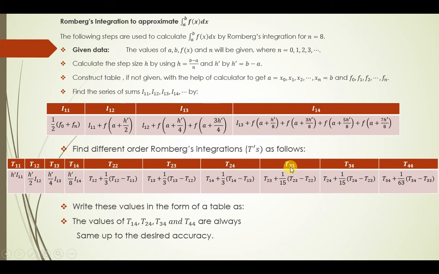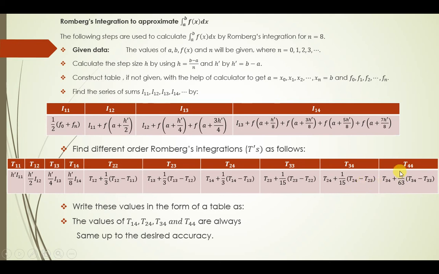So here this is 3, so one less digit is 2, so that is T23 plus 1 by 15 times the same T23 minus one less than this 3, that is T22. That is T34, so that will be T24 plus 1 by 15 times T24 minus, one less digit of this 4 from this 4, which is 3, so that is T23.